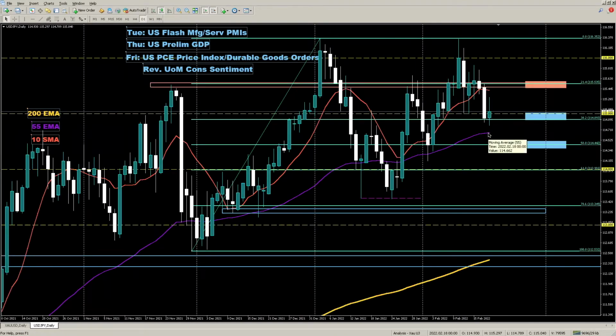And it needs to break down below the daily 55 EMA. Okay, and there's a swing low support area that's around the 50-pip retracement.